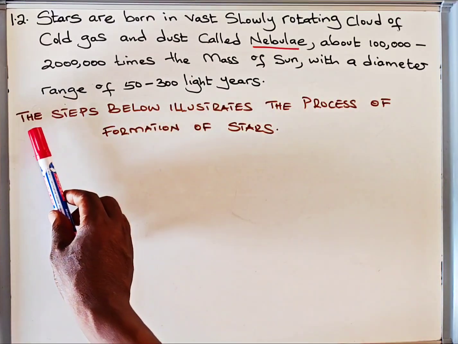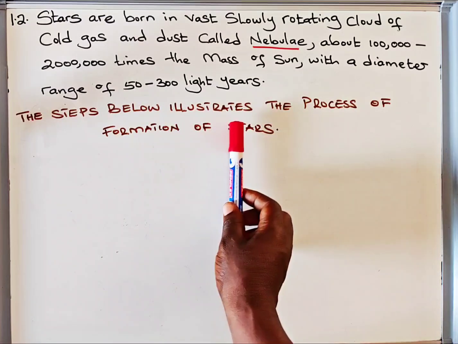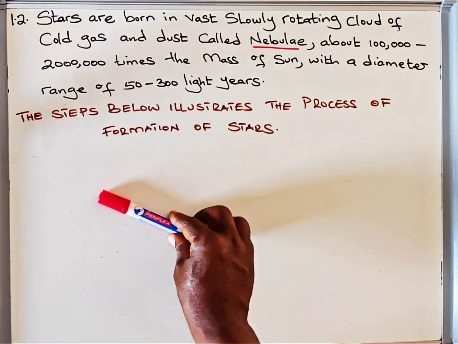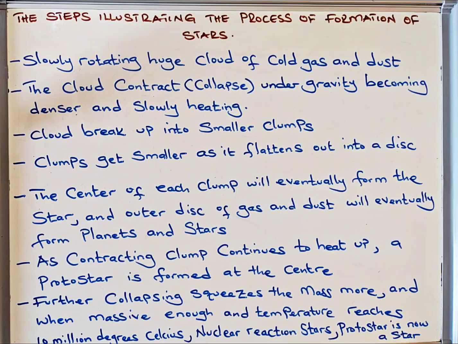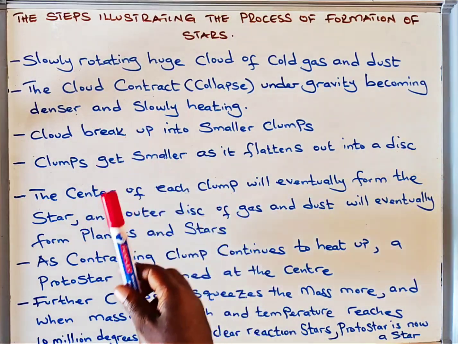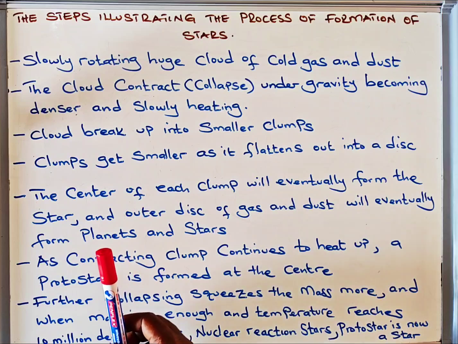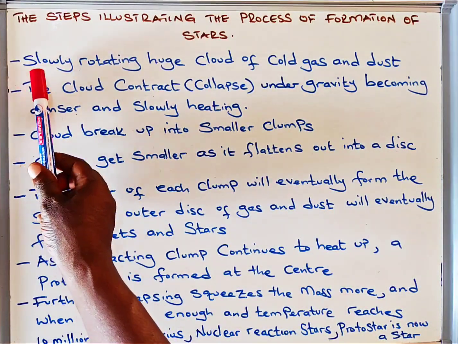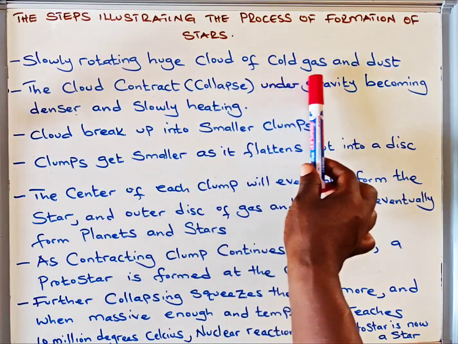And then this says the steps below illustrate the process of formation of stars. So we are going to look at the steps in their order. Here come the steps through which a star is formed. The first one says a slowly rotating cloud of cold gas and dust.